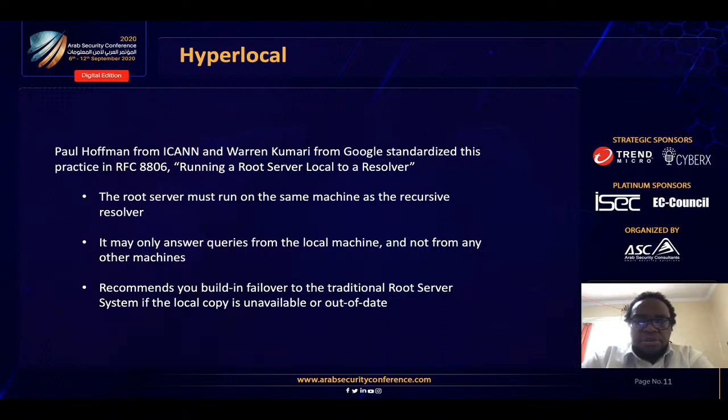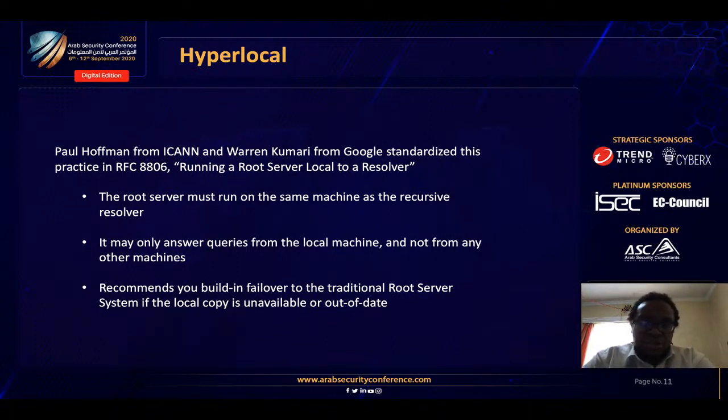And for those of you who enjoy technical underpinnings and descriptions, in brief, the document says that when you're deploying Hyperlocal, the root server has to be on the same machine. As I showed in the previous diagram, it must only run on the local resolver. It should not be accessible to any public machine.